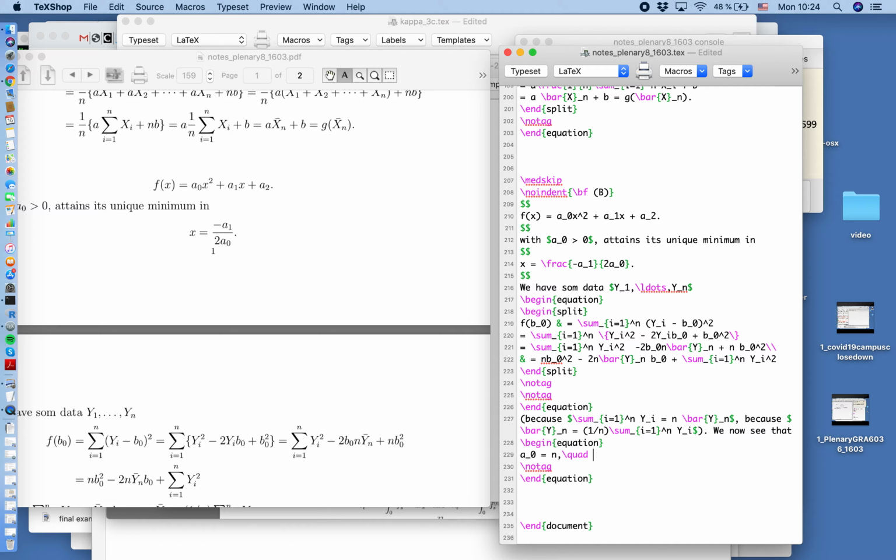So a1 is minus 2 n ȳn, and lastly a2 must be this sum.